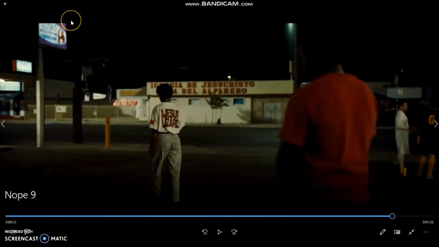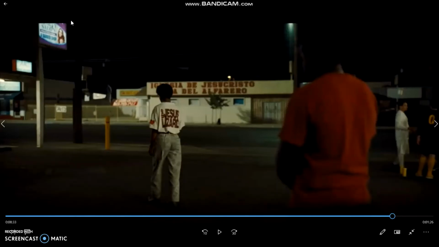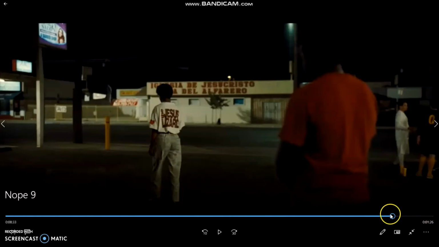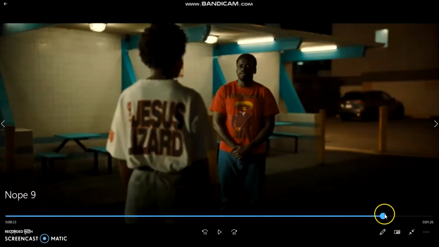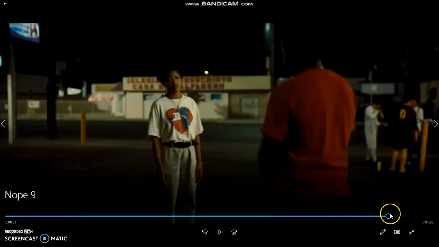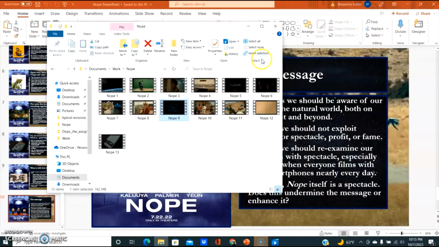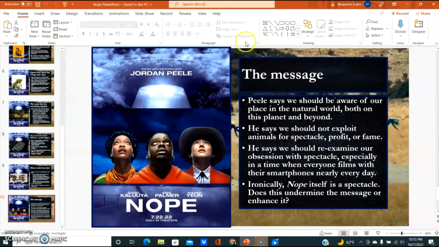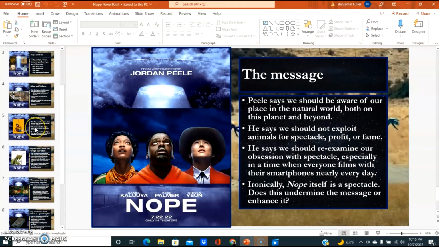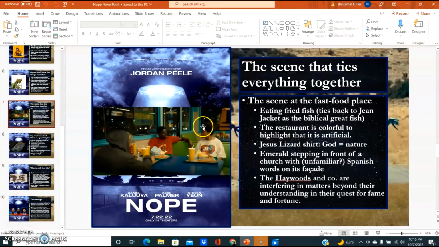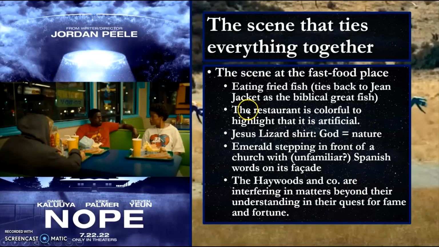They don't understand that Jean Jacket is a force to be reckoned with, that they can't control like a god. They're really getting into territory that is unfamiliar, that they shouldn't be getting into. Or at least that's what I took out of that scene. And it definitely is probably one of the most important, I would say, if not the most important theme to the movie's message.